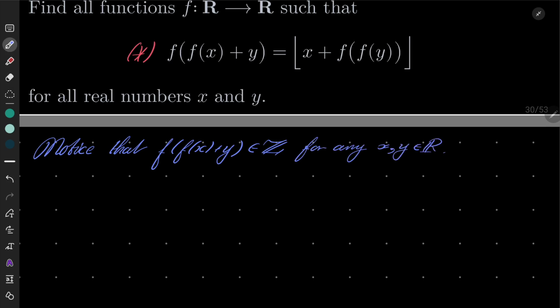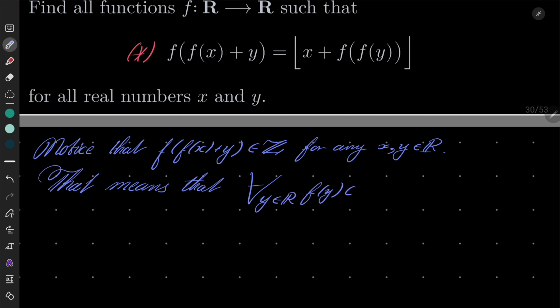But if you look closely, y is freely chosen. So that really means that in fact for every y, f of y is an integer. So for example, I can put x to be 0 and y to be some number minus f of 0, and I have this. Very well.